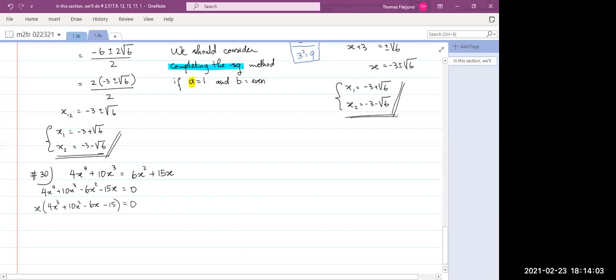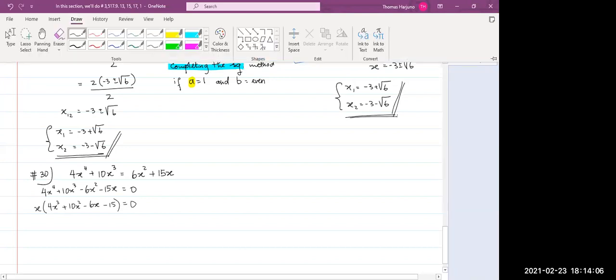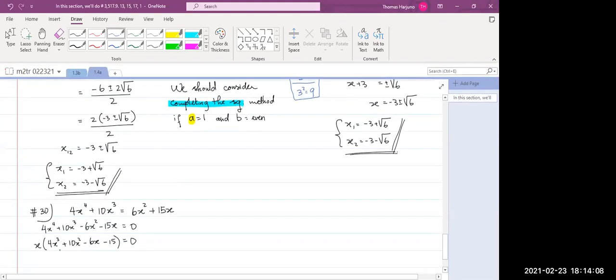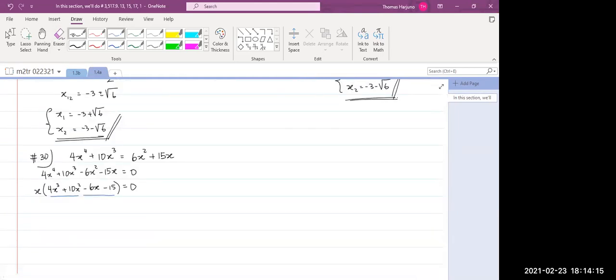And then I see inside there are 4 terms. So let me try the grouping method, factorization by grouping. I have that x already outside. Inside that parentheses, I will do grouping. The first 2 terms, common factor is 2x squared. I have 2x plus 5 here. The last 2 terms have common factor -3, right?